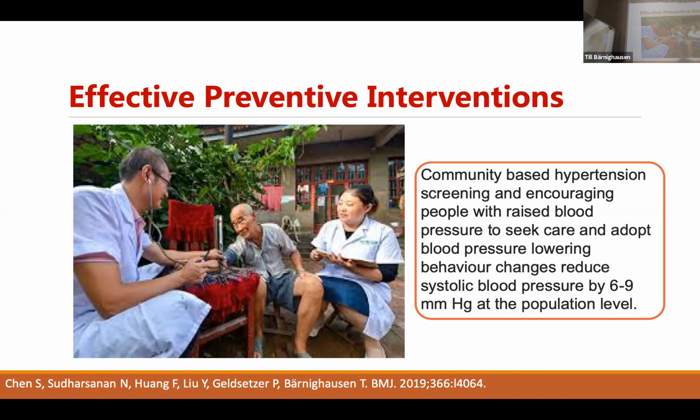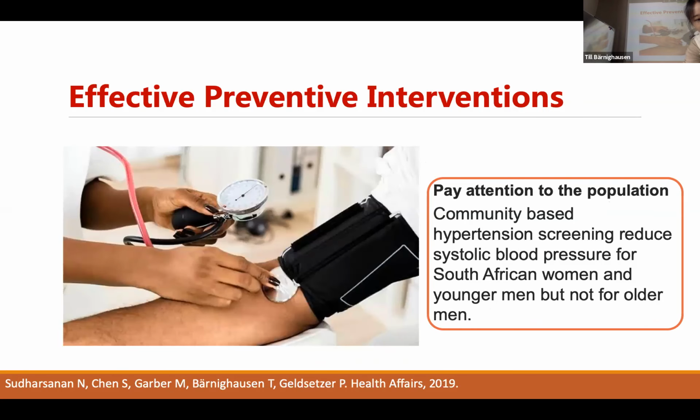And we can use the methodologies that we learn in this class to address this kind of question. But we also need to pay attention to what population we are defining here. Previously, we focused on older adults in China and found a significant result, a very big impact of hypertension screening. Now let's focus on South Africa.